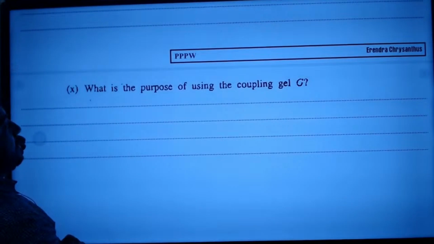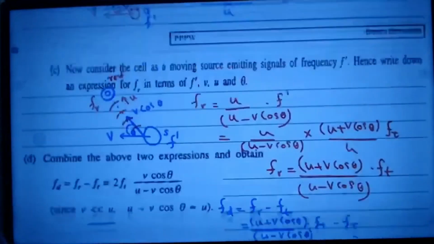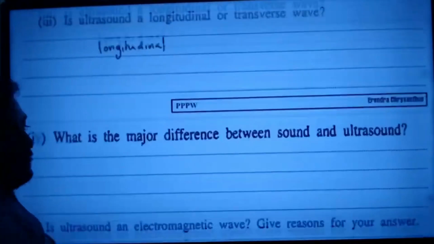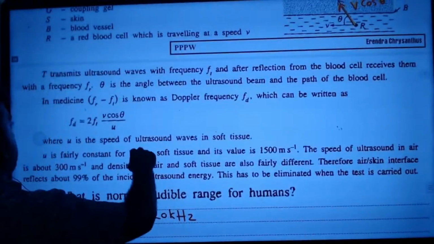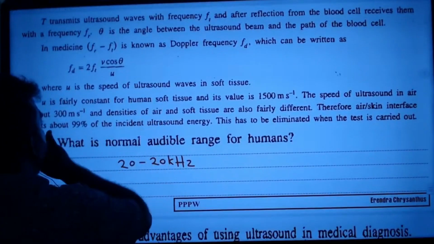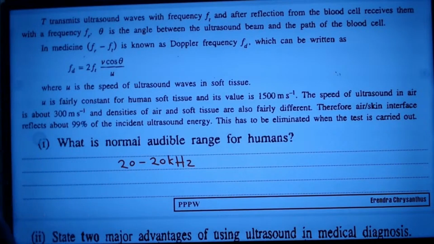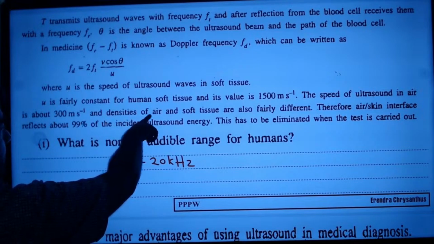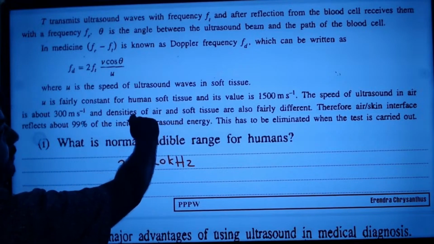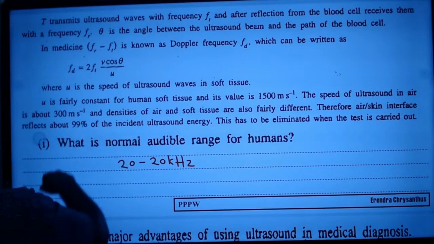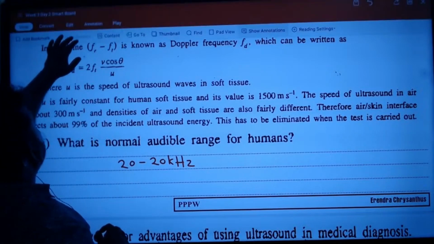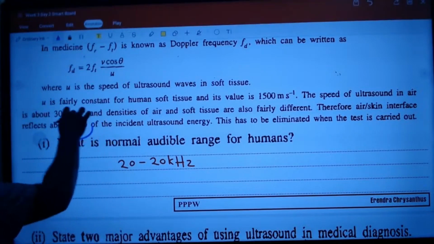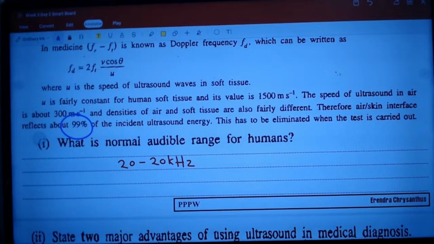What is the purpose of using coupling gel? Now you have seen if you go for ultrasound, they'll put gel. What's the reason? Carefully look. Soft tissue is fairly different, therefore the skin interface reflects 99%. 99% reflection is taking place.